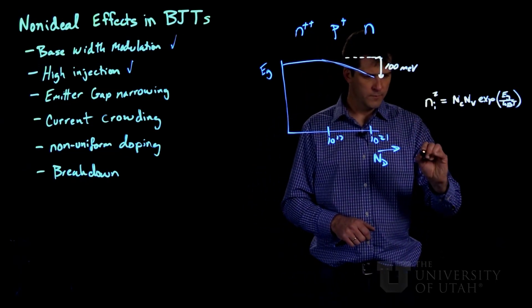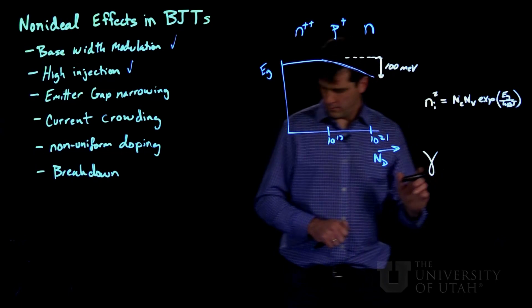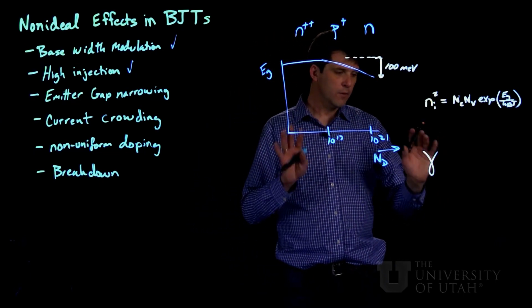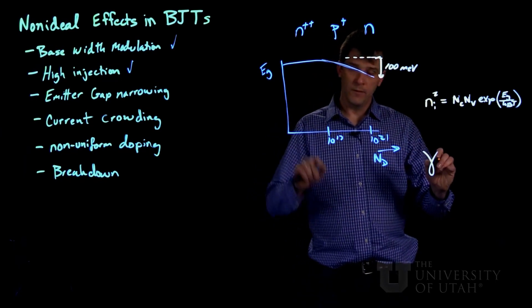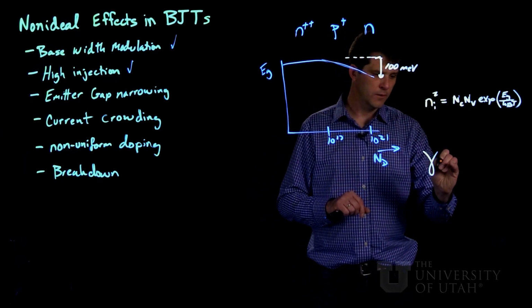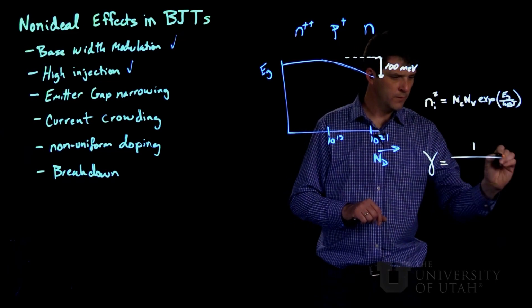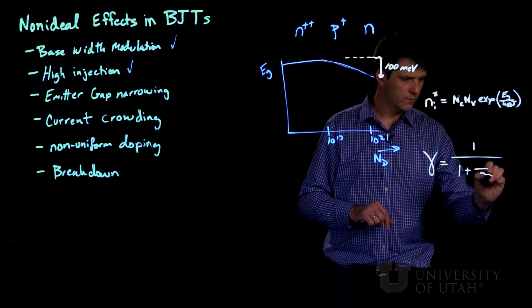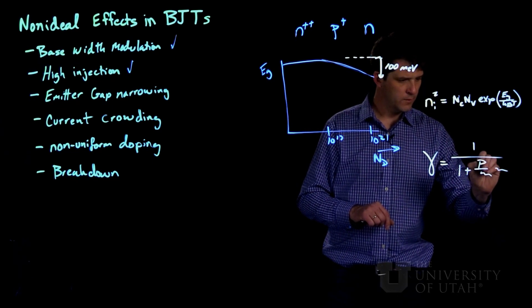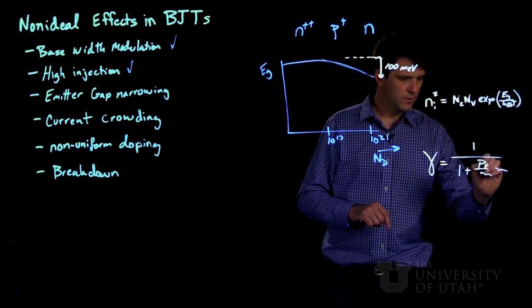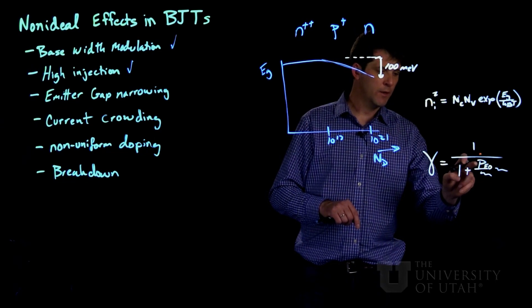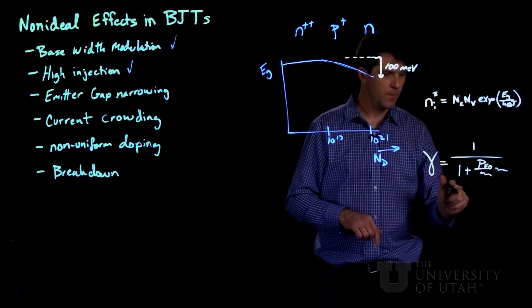So our gain, coming from the component of the gain that comes from the emitter injection efficiency, depends on some other factors out here, but right here appears the emitter's minority hole concentration.